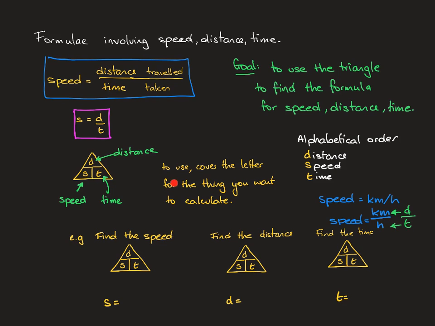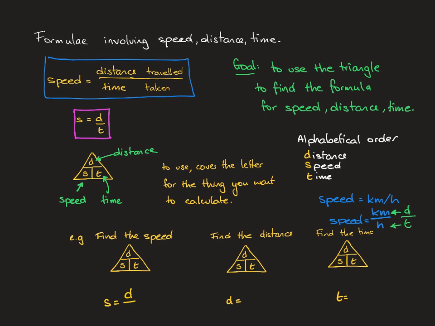So to actually use the triangle, what you do is you cover the letter for the thing you want to calculate. So if we wanted to find speed, what we would do is we would write S is equal to, speed is equal to, and then we would cover it. And we would look at what remains in the triangle, and the D is up above the T. And so our formula for S follows that exact same pattern.